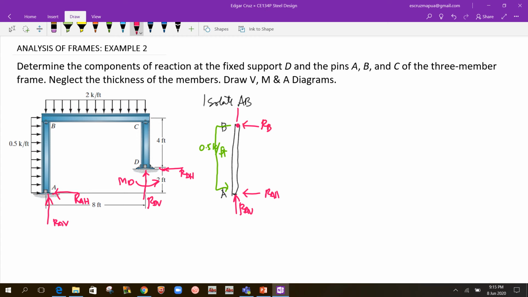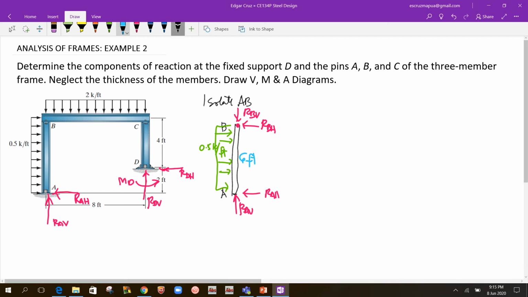Let's say RB H, and this would be downward RB vertical. The length is 4 feet here and 2 feet here, so a total of 6 feet.